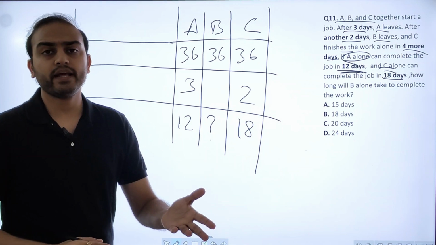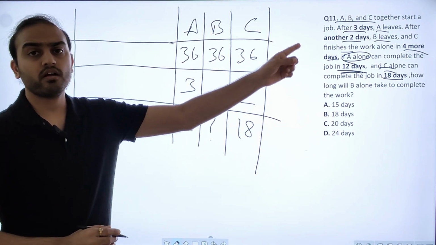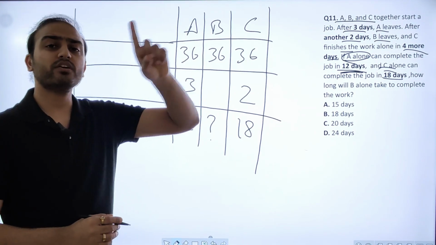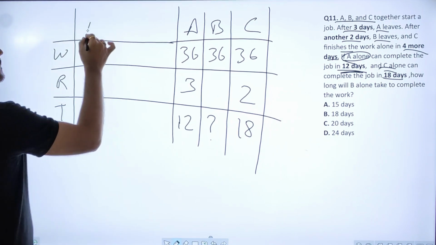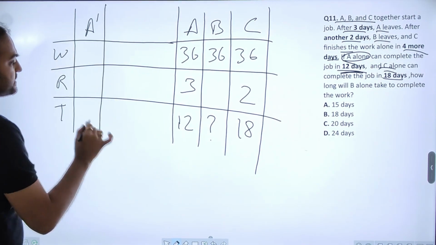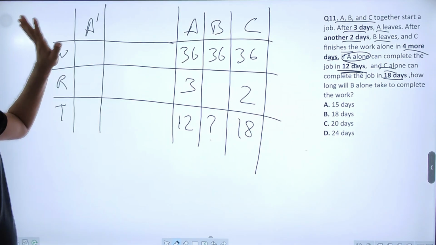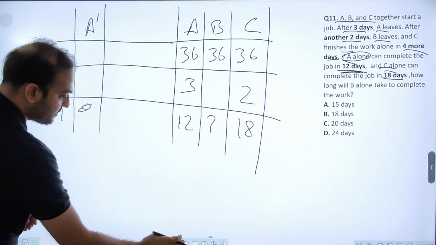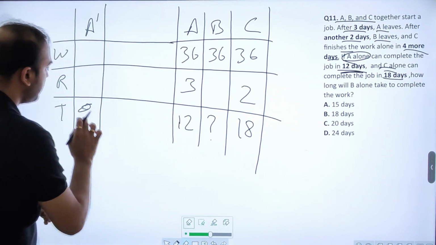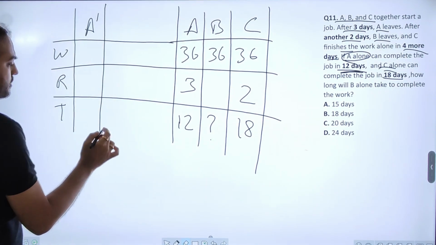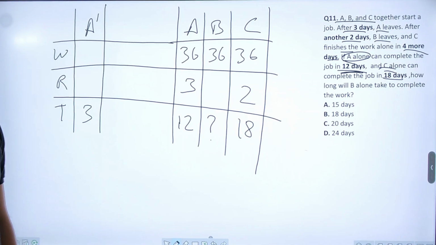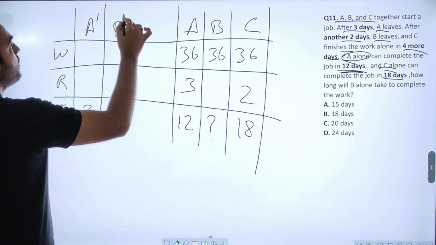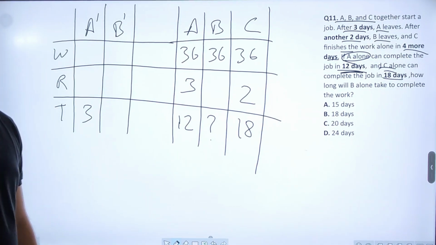A we will pay for how many days? 3 days, because he only came and worked for the first 3 days. So instead of clubbing A with B and C, we are counting A alone. A alone worked for 3 days. Then B's turn.